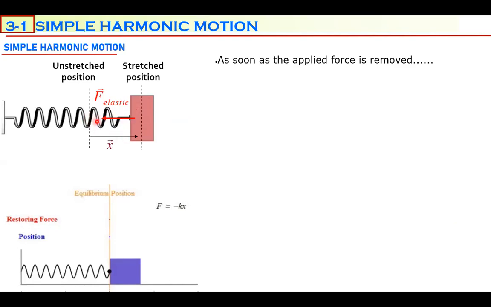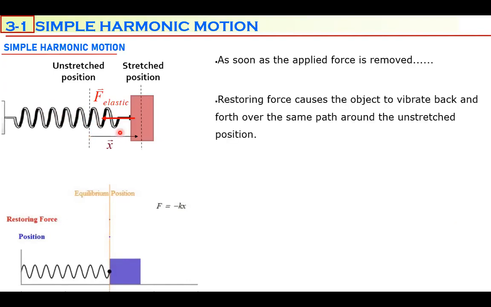It will pass this unstretched position to the left and start to compress the spring again. When it compresses the spring, this time the direction of the elastic force changes. It becomes like this, to the right, and pulls back to the unstretched position again. So this restoring force will cause the object to vibrate back and forth over the same path around this unstretched position.